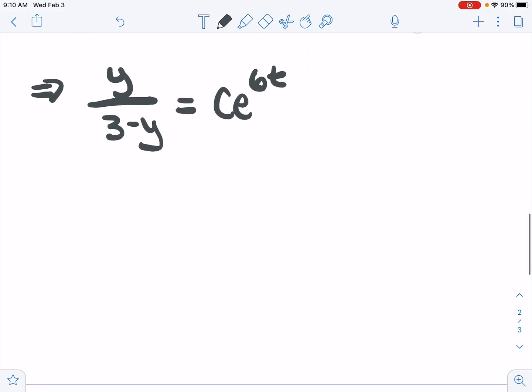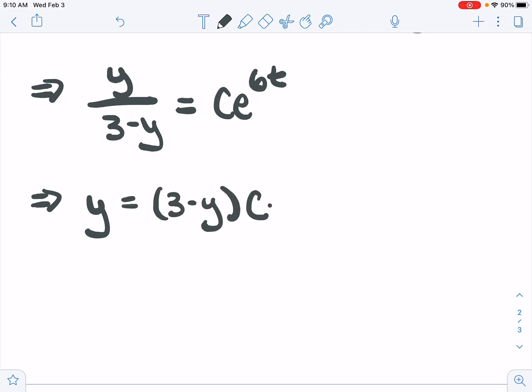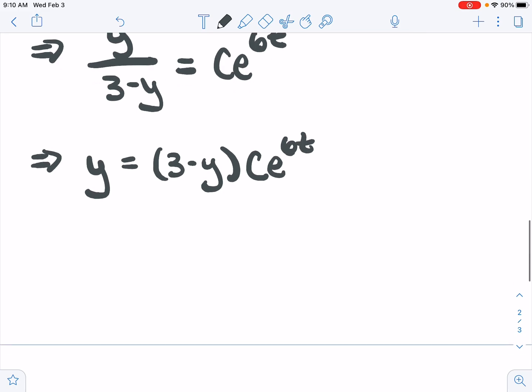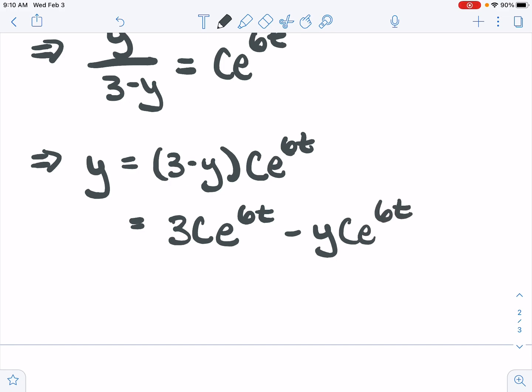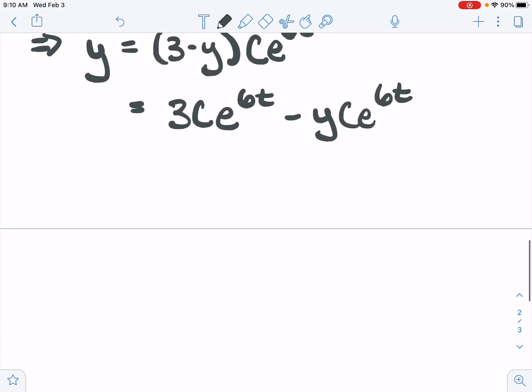So it's starting to look simpler, but how do we solve for y still? Well, we're going to have to get rid of the denominator. So multiply both sides by (3 minus y). That is 3C e to the 6t minus yC e to the 6t. Okay.